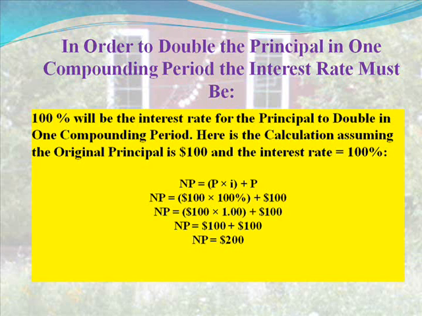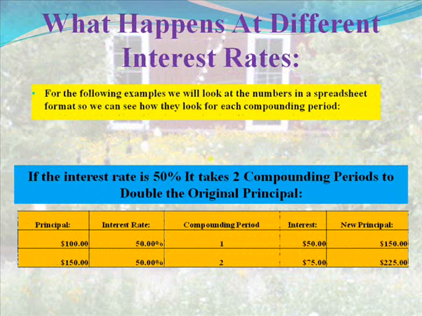See where we start off with the original equation. New principal equals principal times interest plus principal. Including the numbers now, $100 times 100% plus $100, $100 times 1 plus $100, and therefore we have $100 plus $100, which equals $200, therefore doubling the principal in one compounding period.